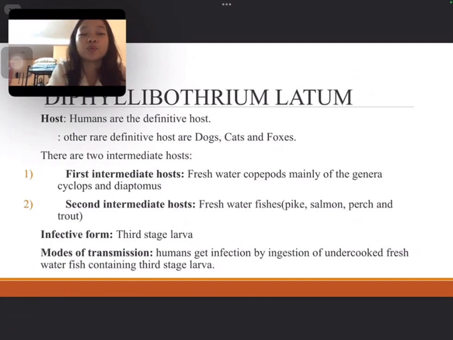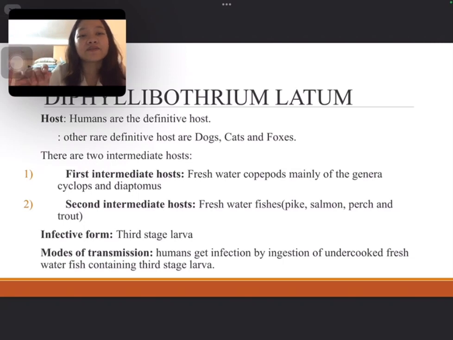Diphyllobothrium has one definitive host, and the other rare definitive hosts are dogs, cats, and foxes. There are two intermediate hosts. The first intermediate host is the freshwater copepods, mainly of the genus Cyclops. The second intermediate host is freshwater fish, which are salmon, pike, perch, and trout.